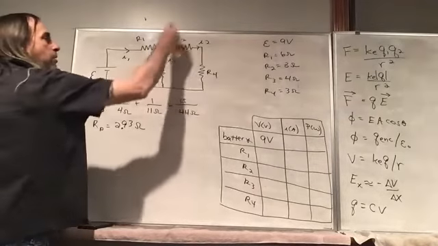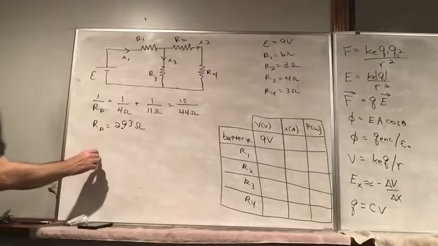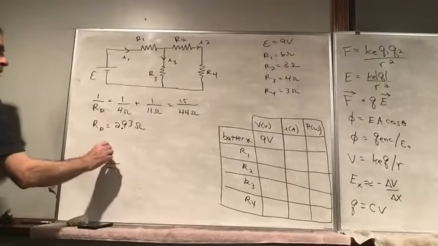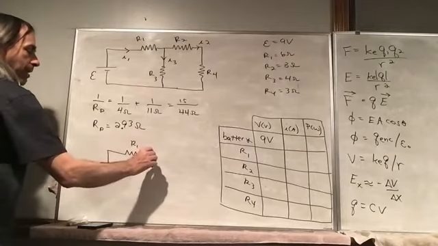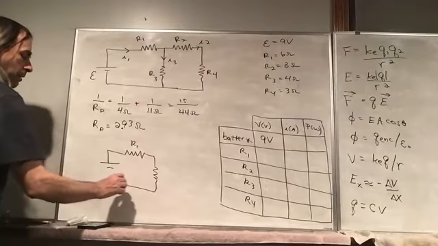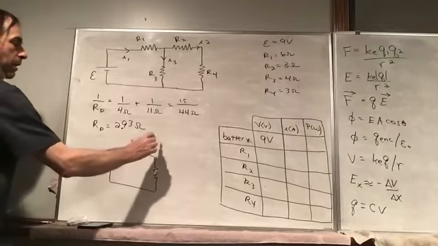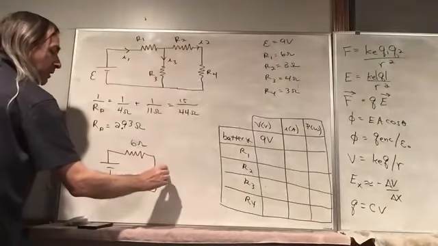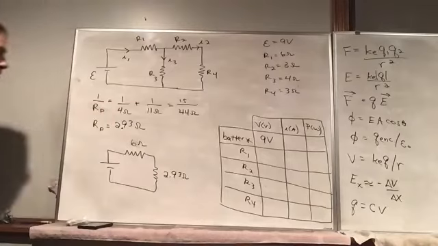So this whole combination, we could rewrite the circuit. I'm going to erase some of this so we have room. But now we have R1, and we combine this whole thing here. R1 is 6 ohms, and then this combination is like a single 2.93 ohms.